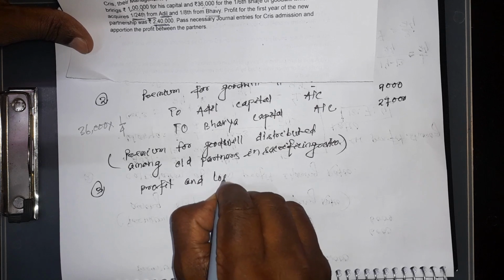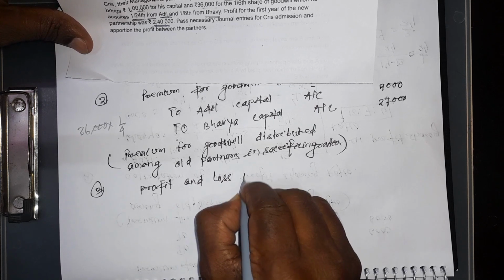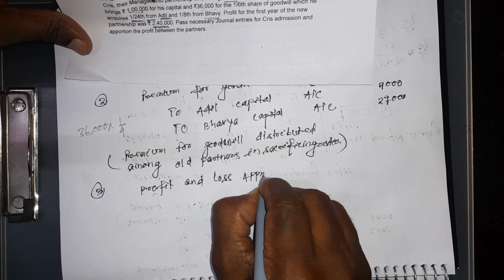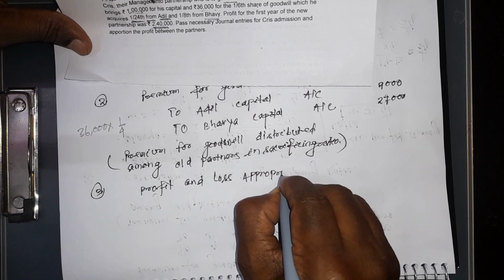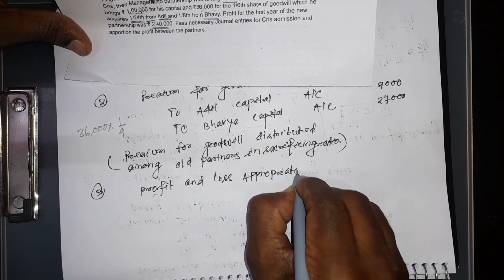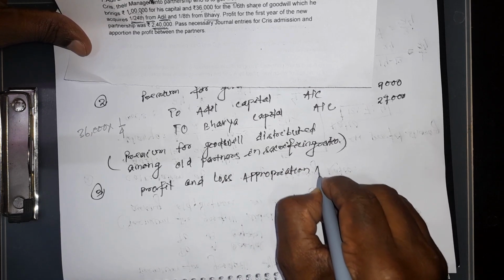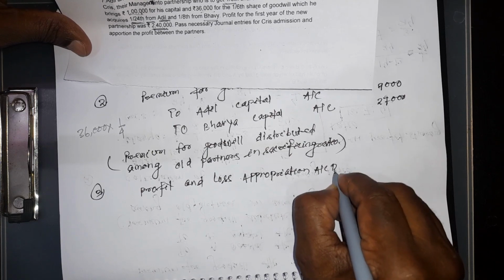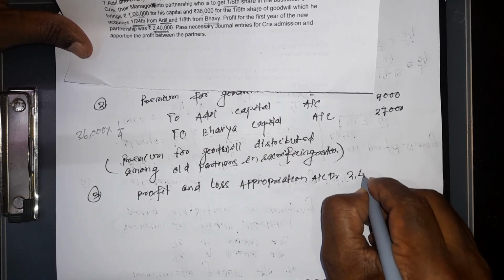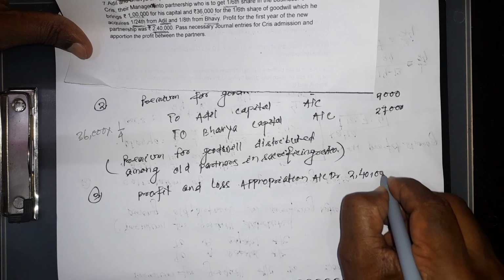Profit and loss appropriation account debit 2,40,000. Clear?